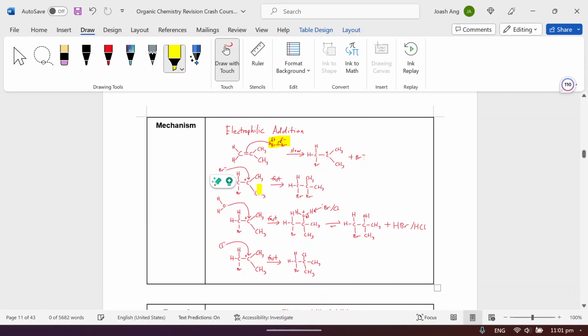Then the bromide anion can attack the carbocation to form this product. However, take note that in the reagents, we also have chloride anion and water molecule. Both contain a lone pair of electrons that can attack the carbocation.